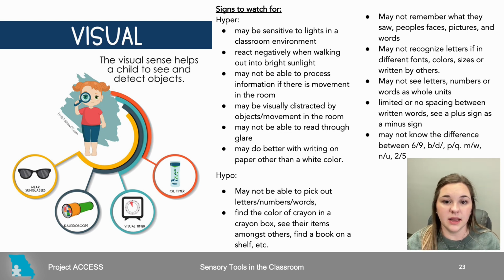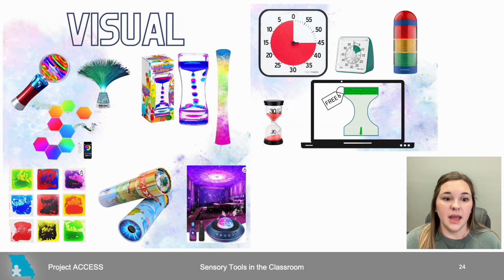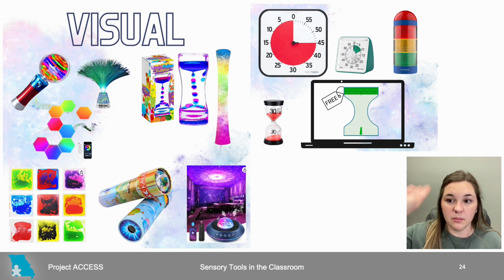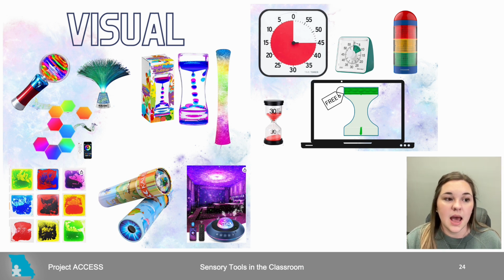So some different things that we can do is allowing them to wear sunglasses when they're outside, using the blue protectors on our window, on our lights in our classroom to help filter out some of that light. And then some tools we can use in our classroom is toys and lights that provide a lot of visual input for them.